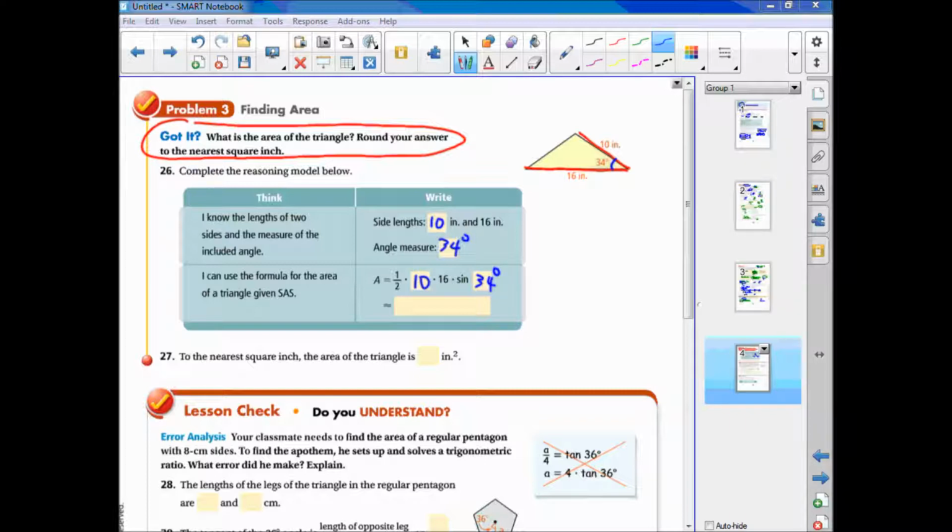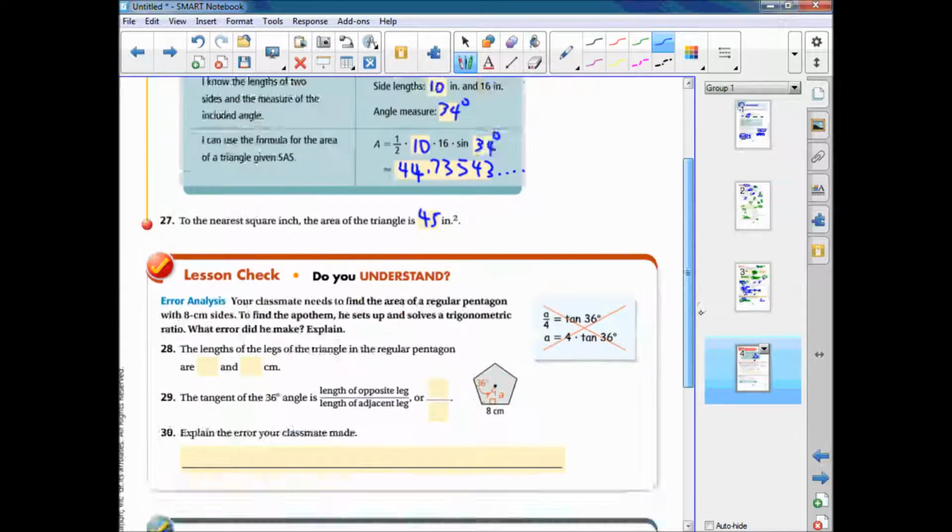All right, so then we just type it on the calculator here, and this will make about 44.73543, etc. Okay. And to the nearest square inch, the area of that triangle is going to be about 45 inches squared.